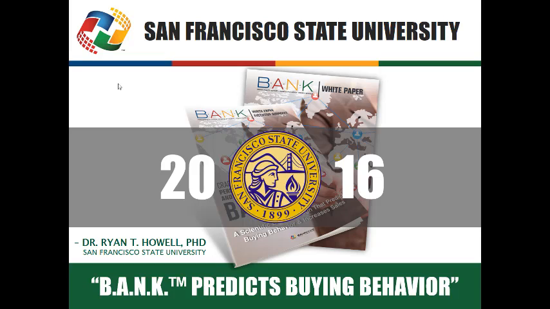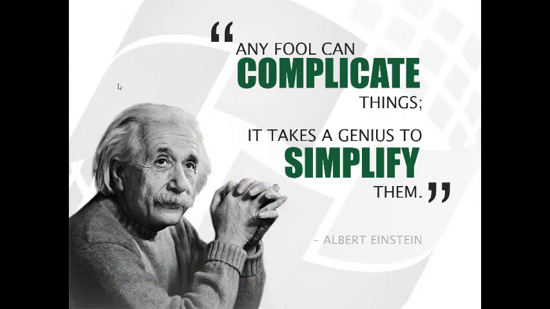Here I actually have what's called the white paper, the white paper executive summary by BANKCODE, that was published earlier this year in 2016, that actually states and proves that BANKCODE predicts buying behavior. So there's academic proof by the top people in statistics and personality sales systems that this system works for sales.